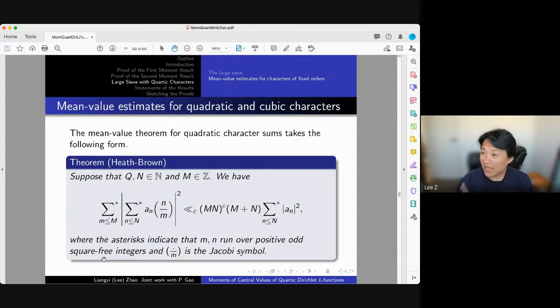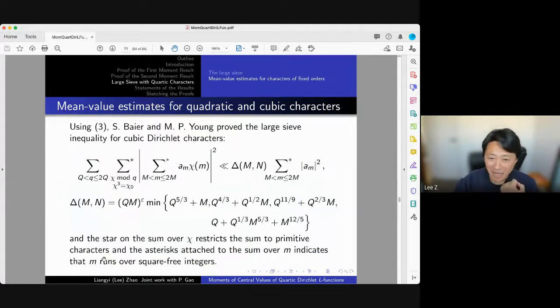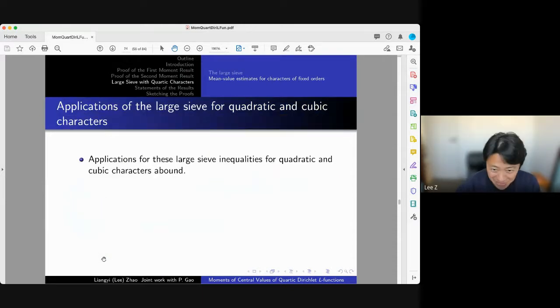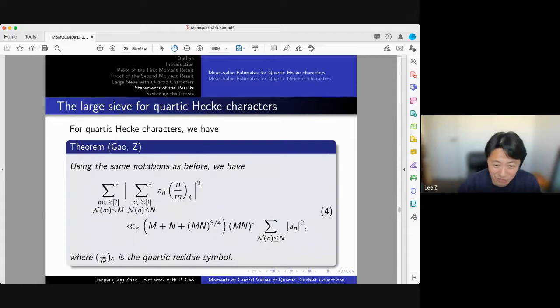So I'm out of time. Using Heath-Brown's method, we can also develop large sieve inequalities for cubic characters, which Stefan and Matt Young did. And this method is also applicable to large sieve inequalities for quartic characters.